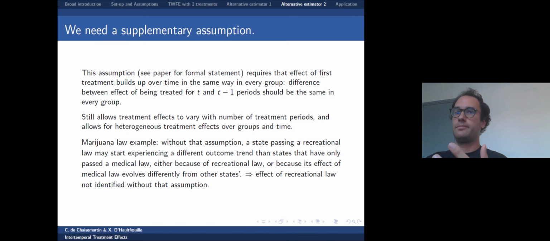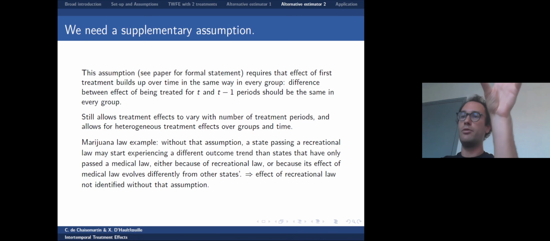Without that assumption, that state may start to experience a different outcome trend than control states that only have a medical law, either because of this new recreational law or because the effect of the medical law evolves differently in that state than in other states.